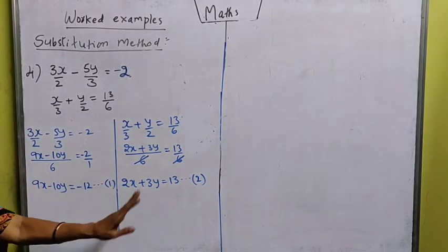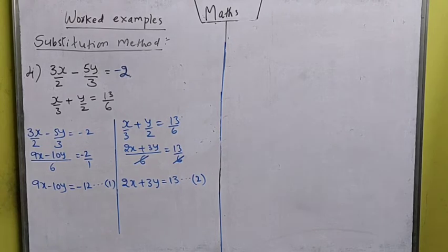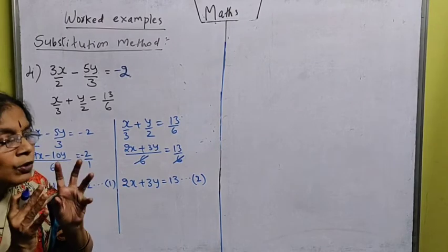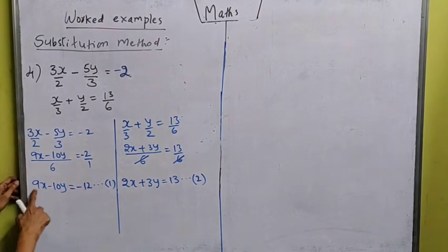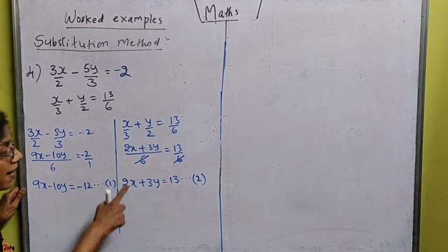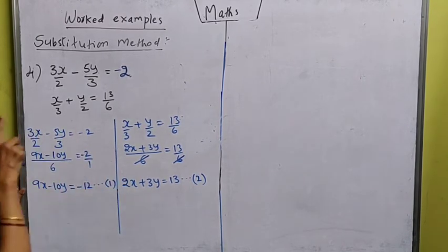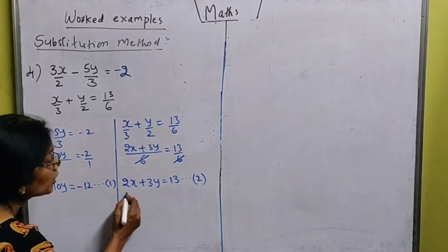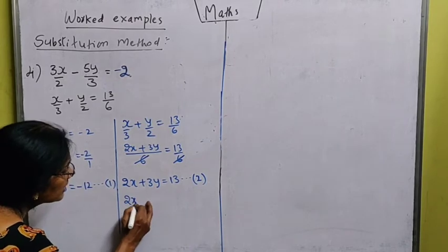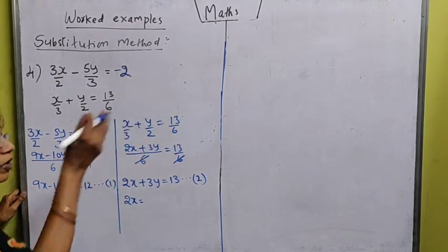Now pay attention here. I told you, you have to keep the x on the left hand side and take the y to the right hand side, and find the x value. But the second thing I told you is to choose the x whose coefficient is less. 9x, 2x, which is less? 2x is less, so I will take this to find the value of x. 2x + 3y = 13 means 2x = 13 − 3y, with 3y going to the other side.